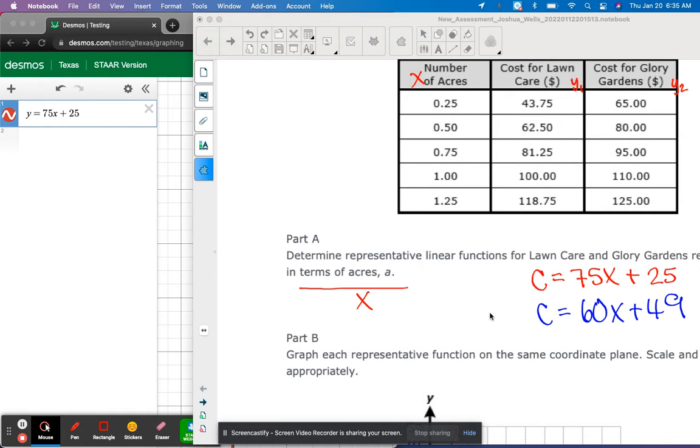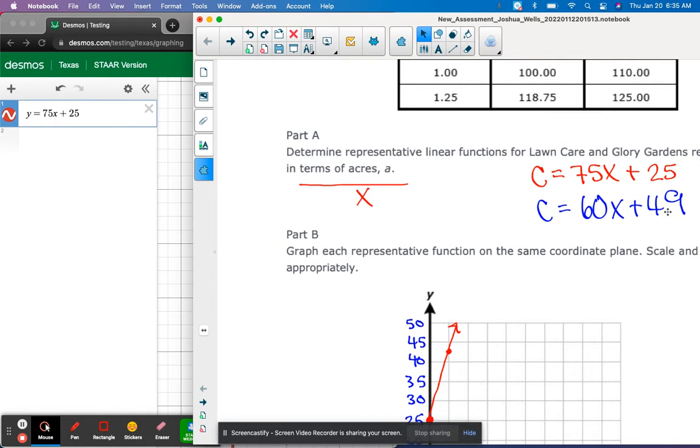Okay. For the second graph, we're starting at 49. And this one is going to continue to go up as well.